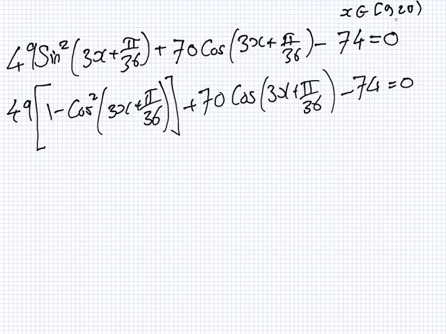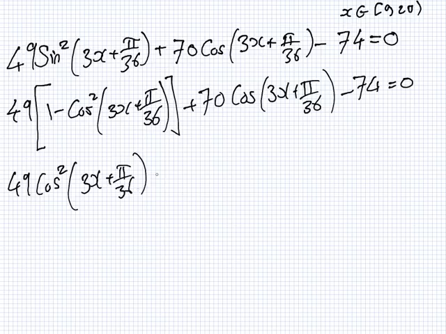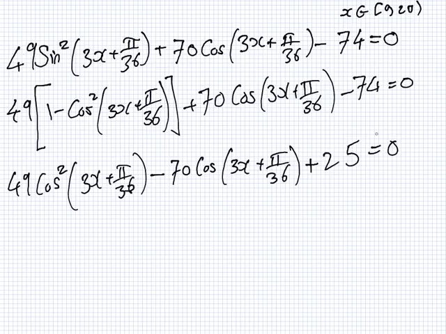If I take everything to the right, I'll get 49 cos squared (3x plus pi over 36) minus 70 cos (3x plus pi over 36). 74 minus 49 is 25, yes it is. Plus 25 equals 0.